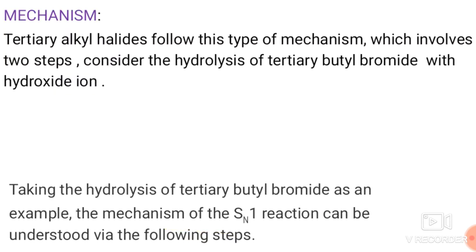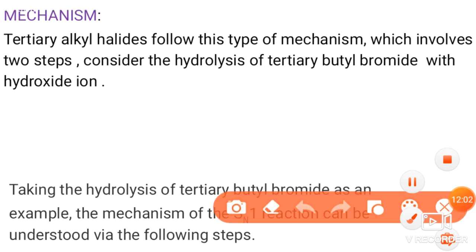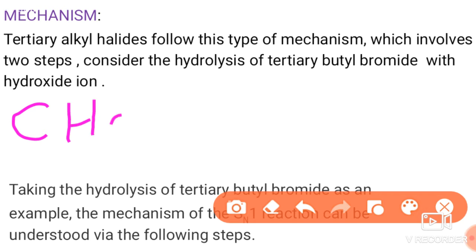Mechanism of the SN1 reaction. Here tertiary alkyl halides always follow the SN1 mechanism, which involves two steps. Consider the hydrolysis of tertiary butyl bromide with potassium hydroxide.